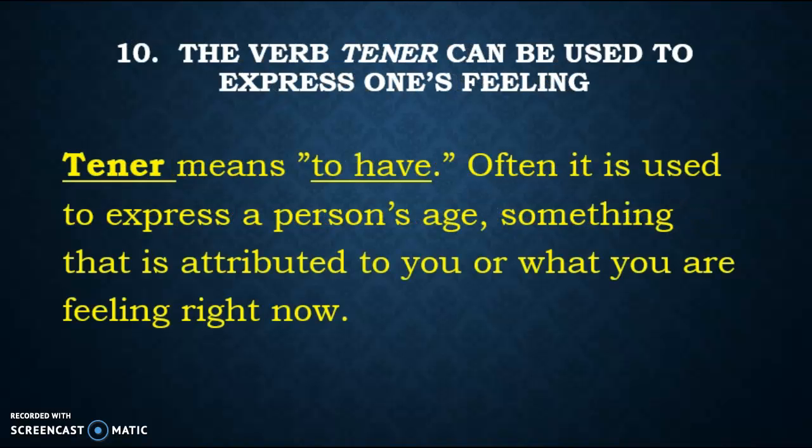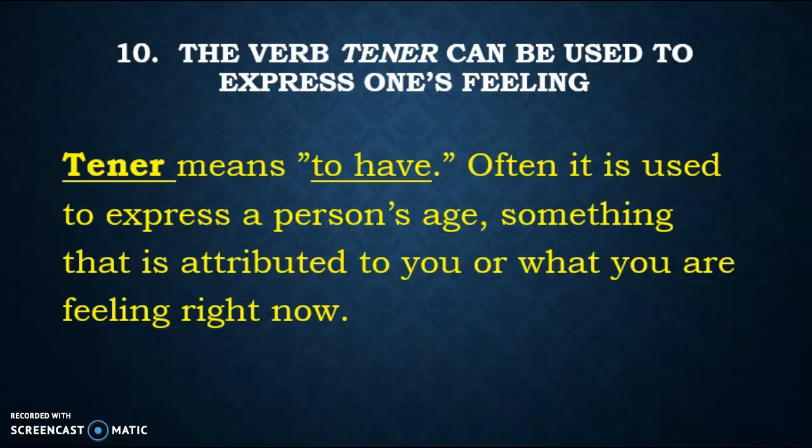The next one is the verb tener can be used to express one's feeling. Tener means to have. Often it is used to express a person's age, something that is attributed to you or what you are feeling right now.